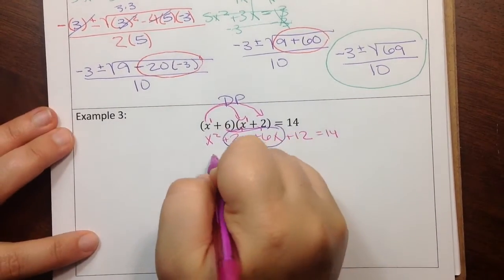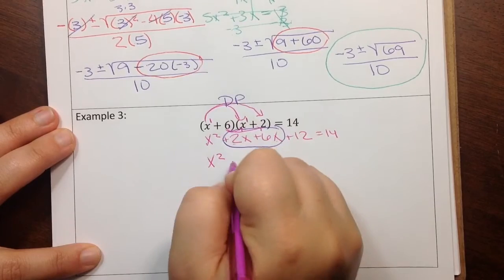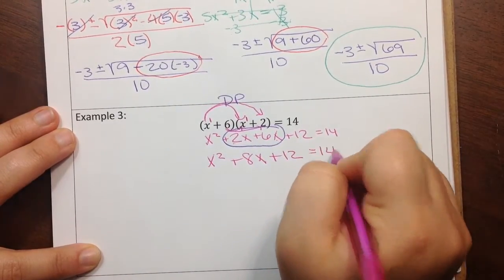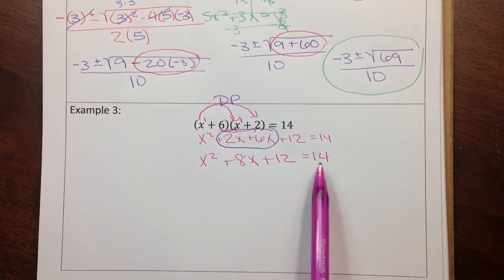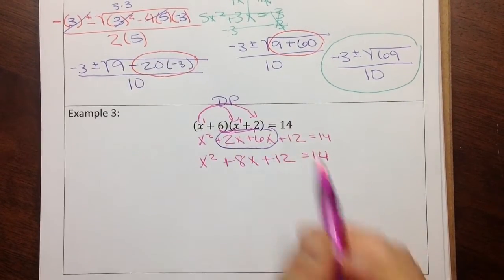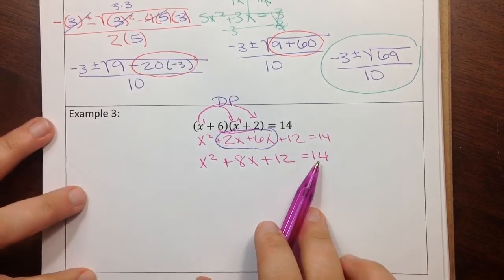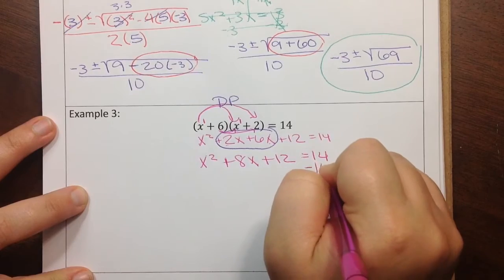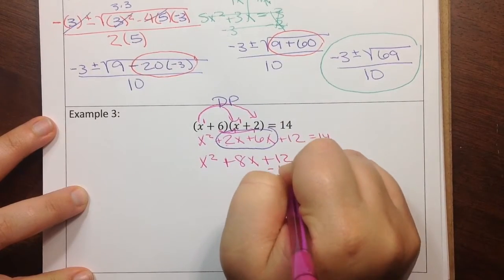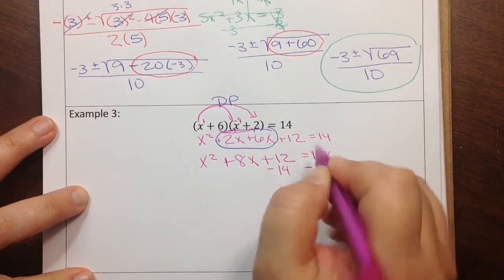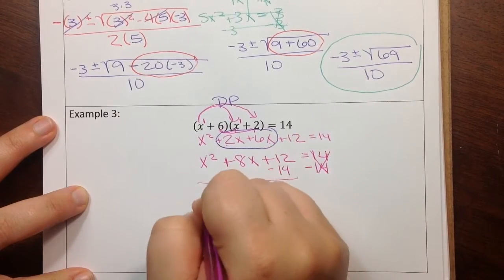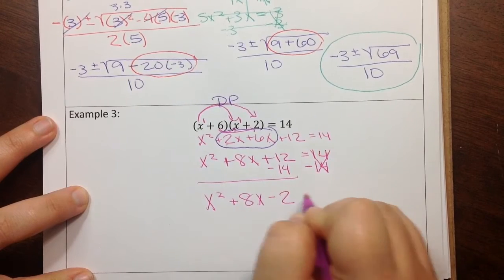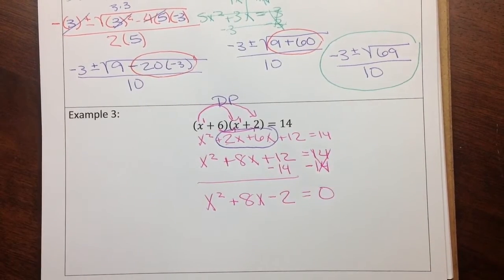So now I have x squared, 2 plus 6 is 8x, plus 12 equals 14. But I'm not done yet because I need this equal to 0. So I can still get rid of this by subtracting 14 here, subtracting 14 here, cancel, and I would be left with x squared plus 8x minus 2 equals 0.